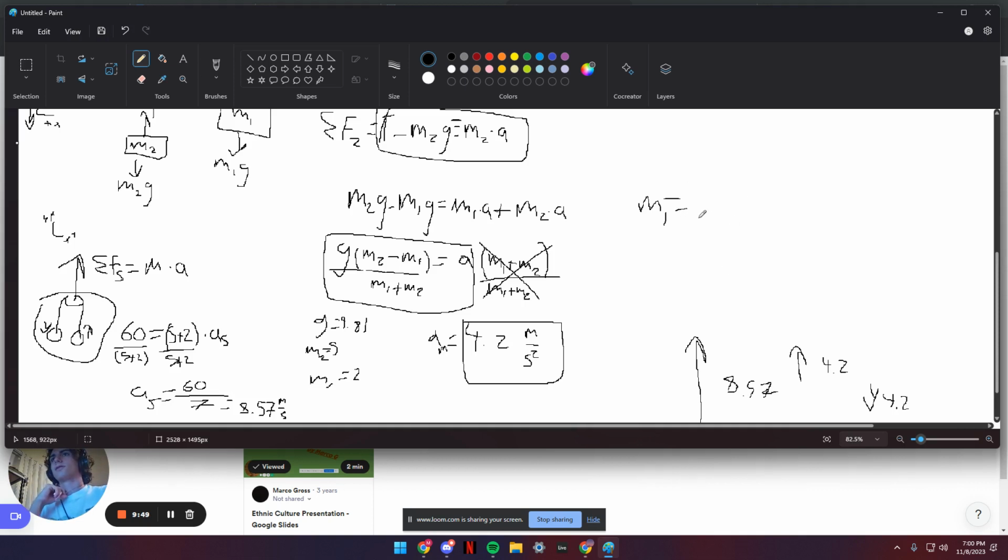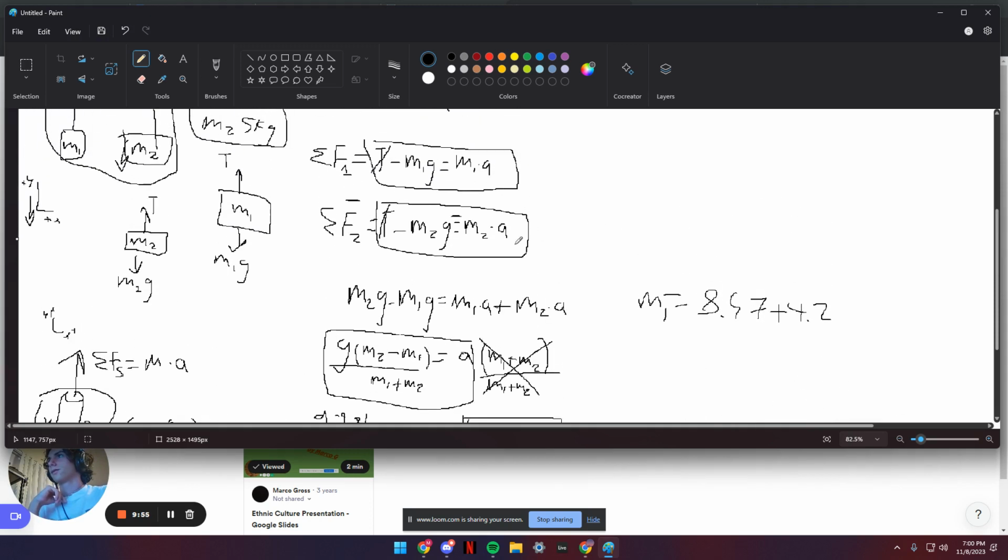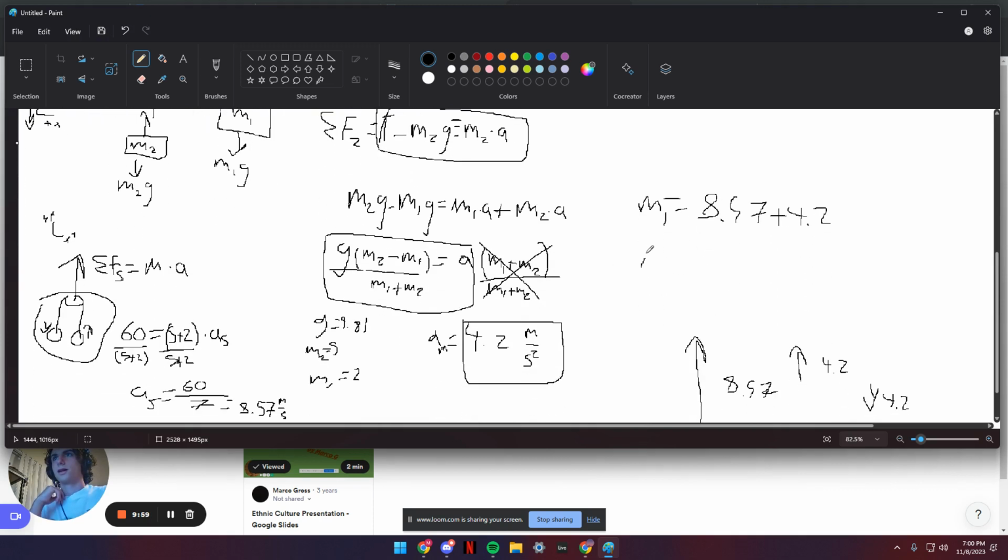So yeah, we just do 8.57 plus 4.2 for mass 1, since it is accelerating upwards, and then 8.57 minus 4.2. And these are our final values for the acceleration of the individual masses related to the floor instead of related to the system.